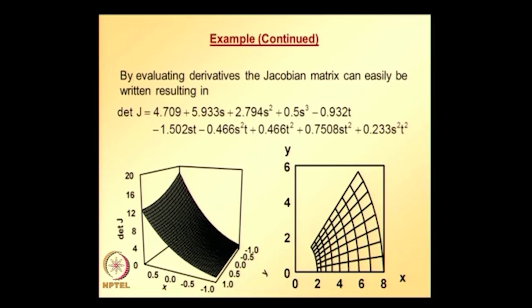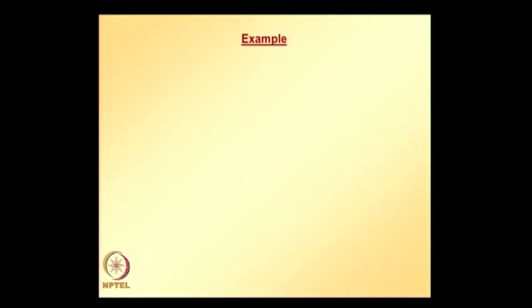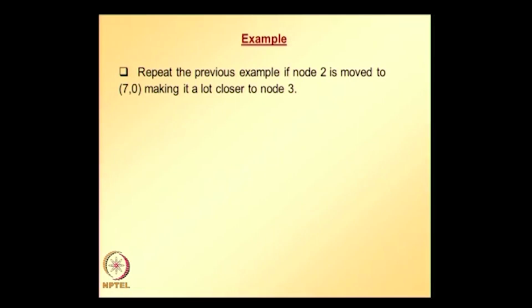So, now let us see what happens if we tweak this element a little bit. The next example is a repeat of the previous example, if node 2 is moved to location 7 0, that is x coordinate is 7, y coordinate is 0, making node 2 closer to node 3.